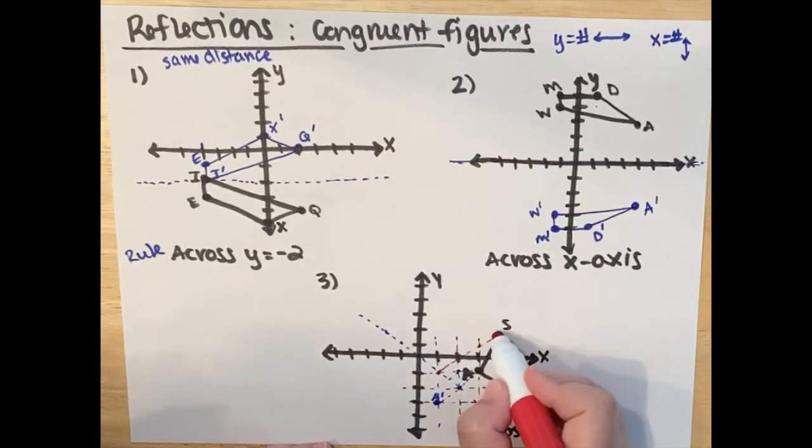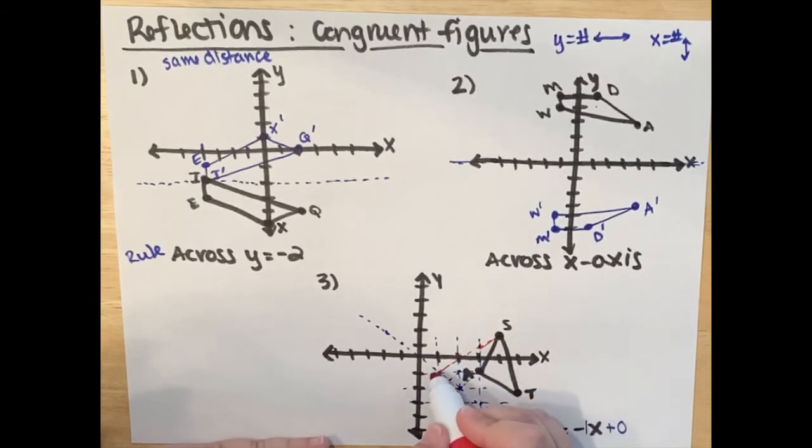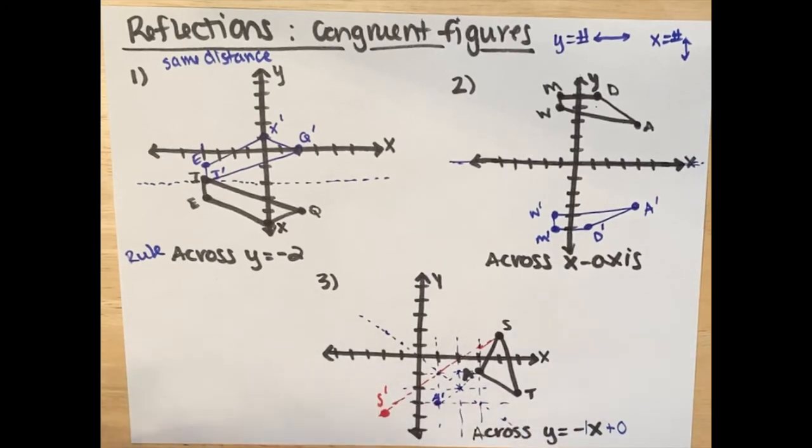There's my 3. 1 diagonal, 2 diagonals, 3 diagonals. So I'm going to go 1 diagonal, 2 diagonals, and a 3rd diagonal. So it looks like my S point will end up being about here. This will be my S prime.